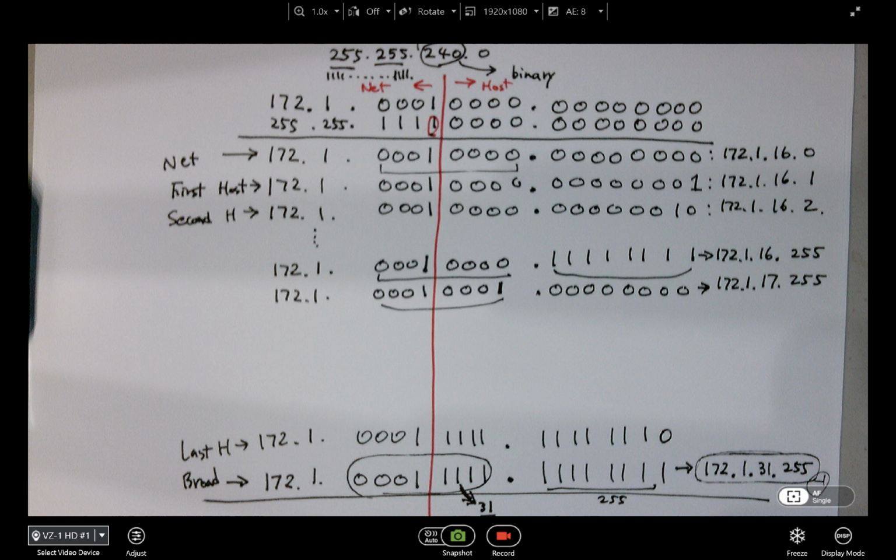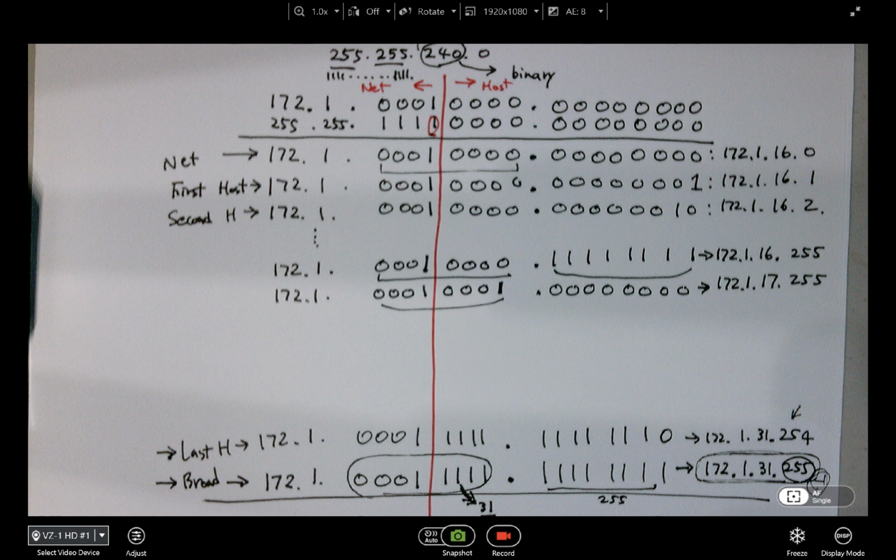It's one less. So this is 172.1.31, and one less than 255, which is 254. So when I ask you to find the last usable host address, the best way is you first find the broadcast address and just subtract 1 from it. Then you can get the last usable host IP address.